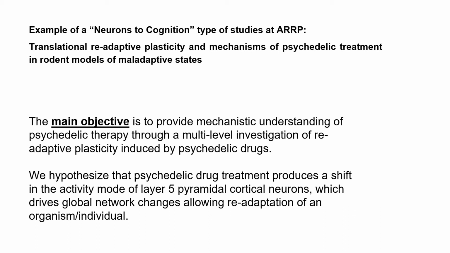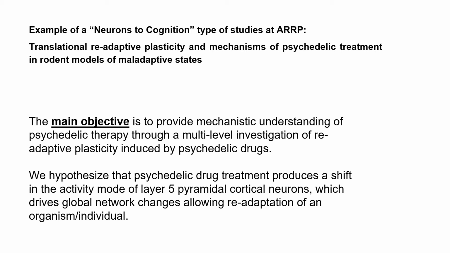And as you can see, our hypothesis links the neuronal level with the network level and the whole organism level. So it really is the neuron and cognition in one experiment.